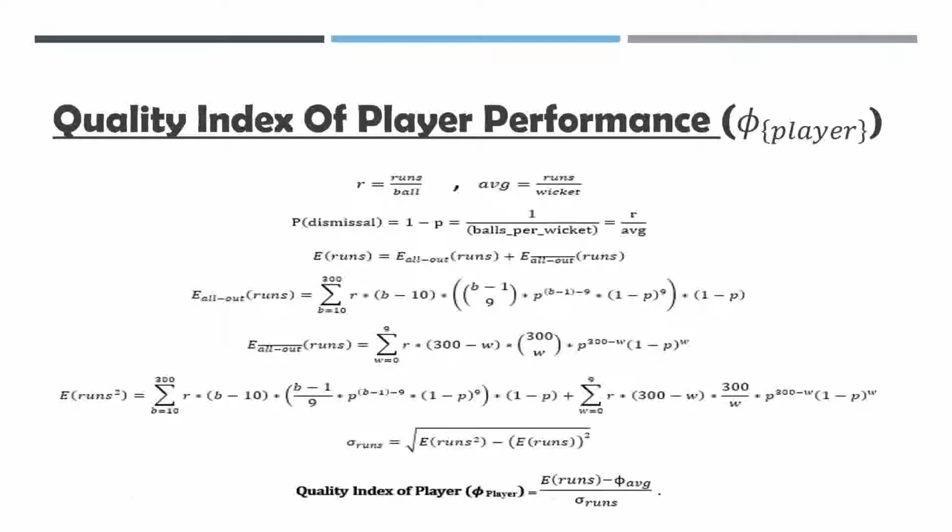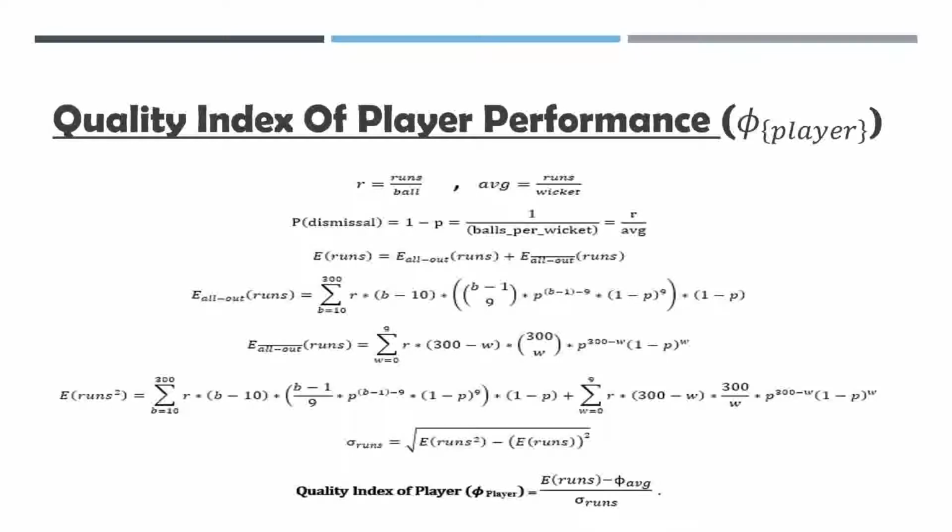So using the above scenarios, we can calculate the expected runs scored by a player as follows. First, we create a team having 11 replicas of the player which is to be considered for evaluation. And then we can get expected runs scored for the player using the following self-explanatory equations.